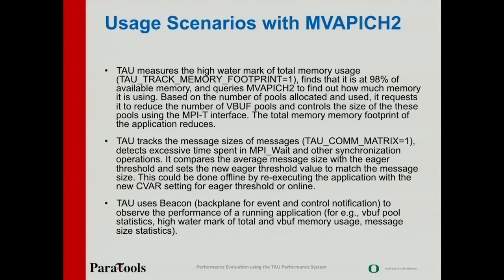Now if you are running your application and you find that a lot of time is being spent in MPI wait, what do you do? Maybe the problem is that it's using the rendezvous protocol when it should be using the eager protocol. So how do you find that out?